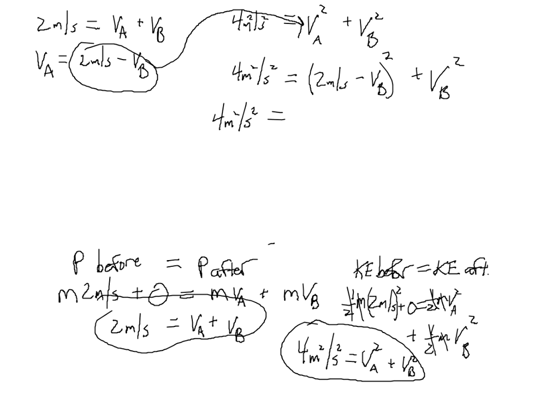But that will give us 4 meters squared over seconds squared minus 4 meters per second VB plus VB squared. So that's the term that was in parentheses that's squared, except we squared it now, plus VB squared.